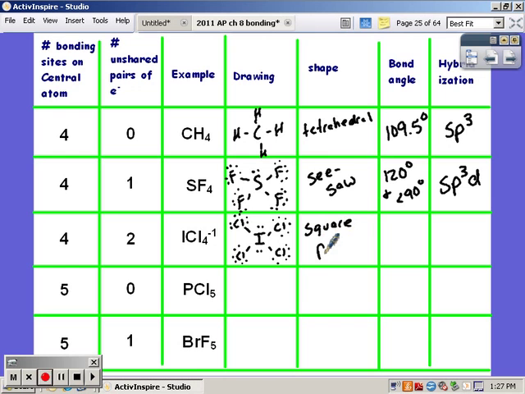And those lone pairs position themselves on the top and bottom, making this one square planar, with bond angles of 90. We have 6 things coming off, so our hybridization is sp3d2.